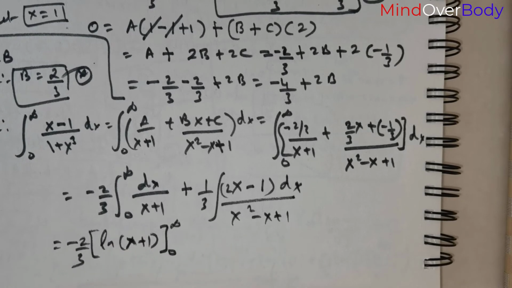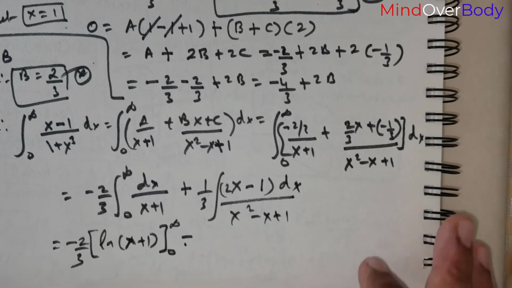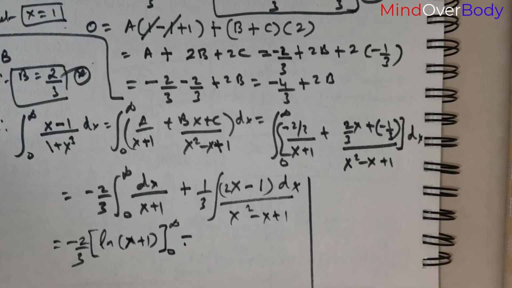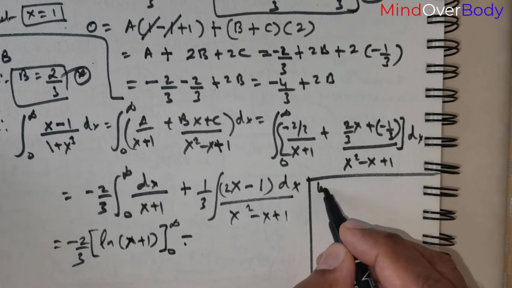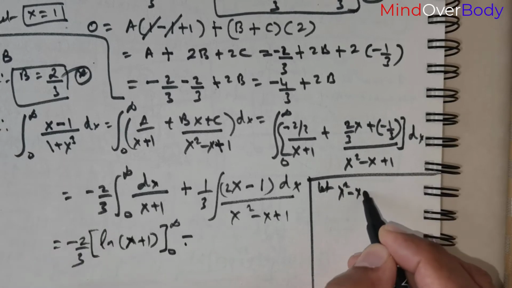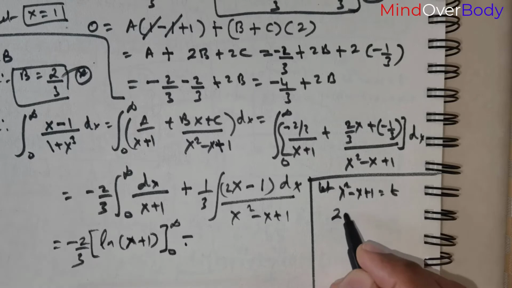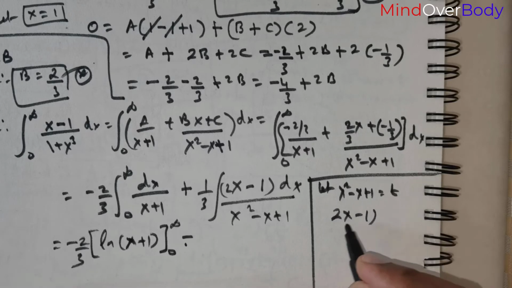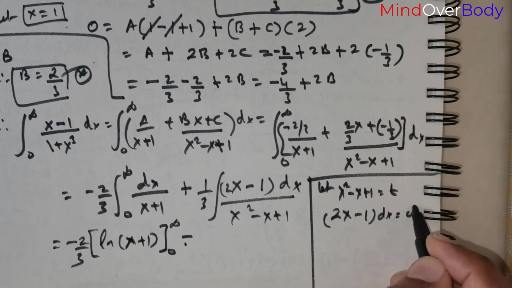Okay, so now just consider this. Let me make the following substitution. So let me use the space here. Let x squared negative x positive 1 be equal to t. So this is 2 times (x negative 1) times the dx is equal to dt.